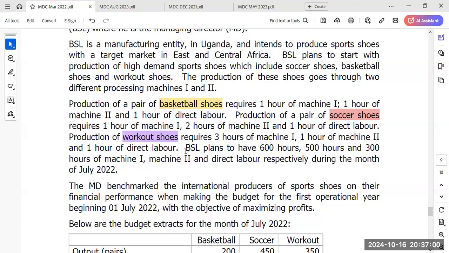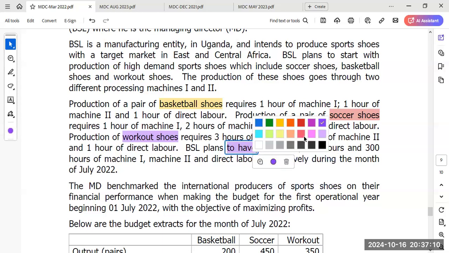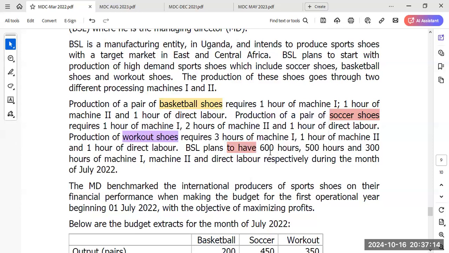Okay. Then they are telling us that BSL plans to have. That is very key also. BSL plans to have 600 hours, 500 hours, and 300 hours of machine 1, machine 2, and direct labor, respectively, during the month of July 2022.